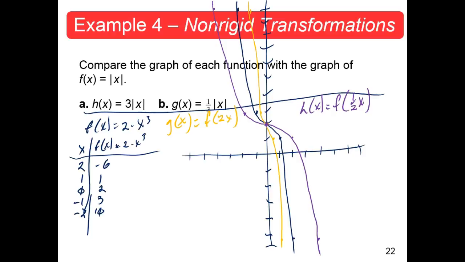We don't have one here. The reflection across the x-axis does what? If you were up here and you come down here, what have you done? Negated something, what? You were up here, you come down here. What did you negate?